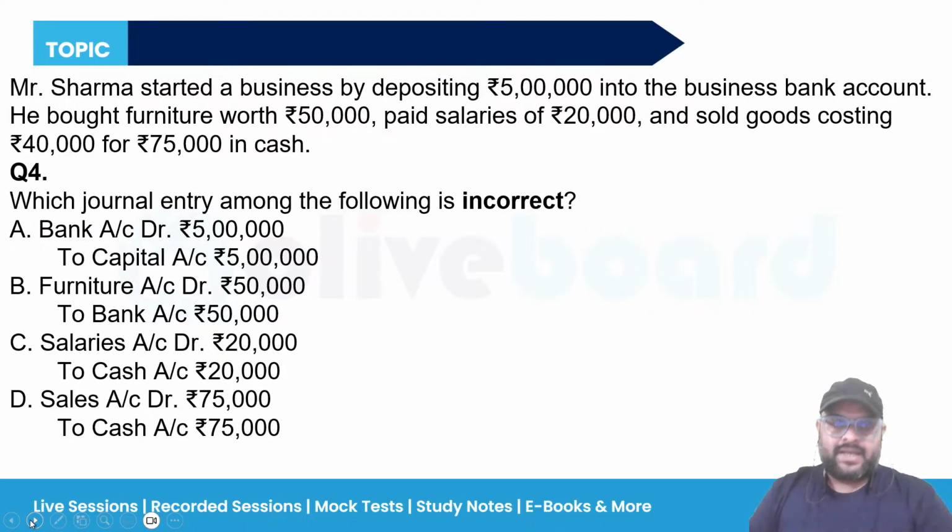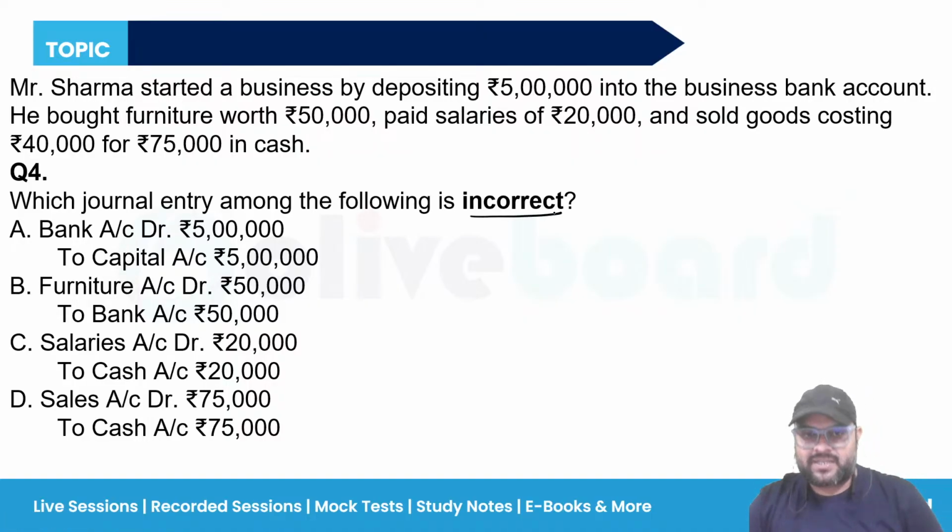Then another category of questions in the exam: they will give you a small case study, and out of that case study they will ask some questions. Normally, some questions will be on the negative side of the case.